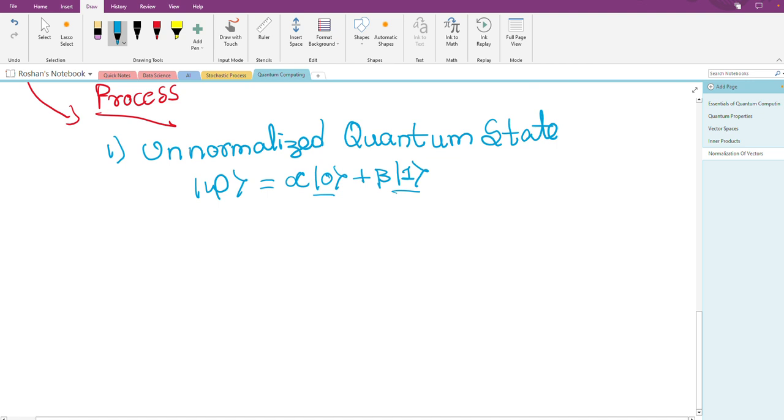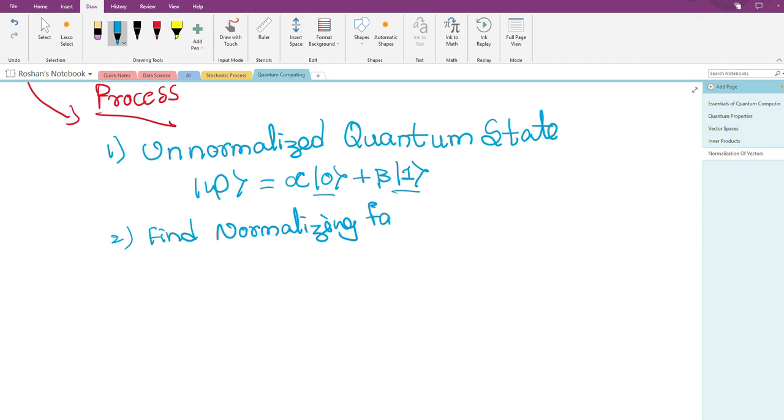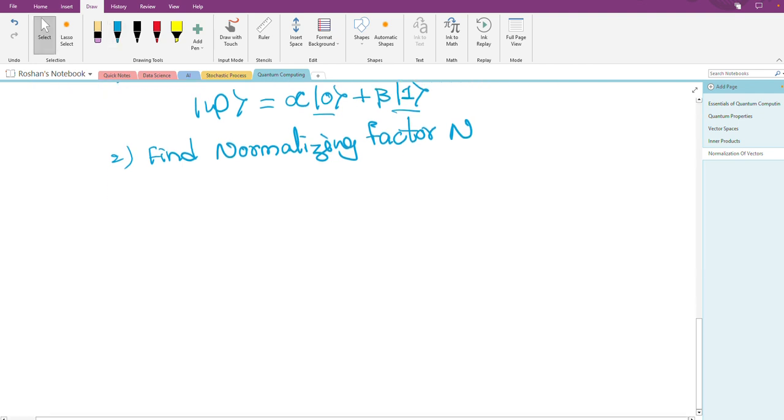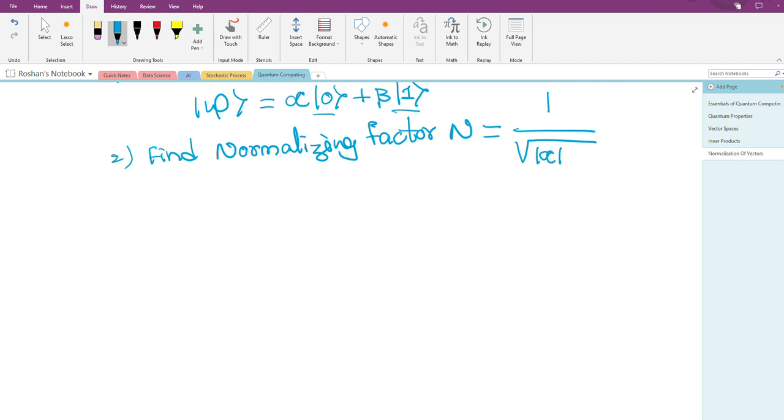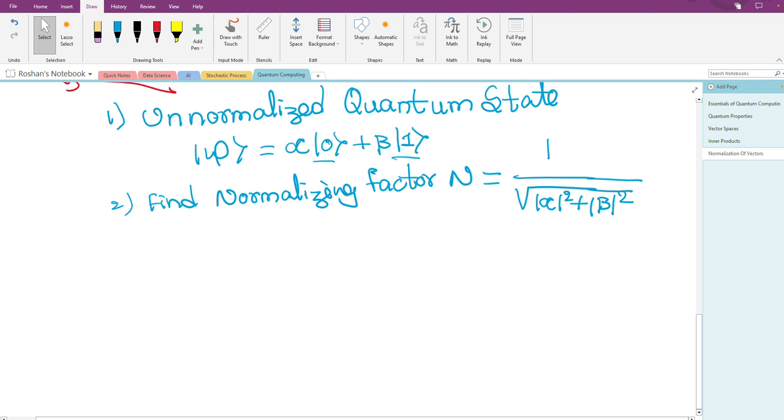I have explained over there. The second step is to find the normalizing factor n, which is equal to 1 by the square root of alpha square plus beta square. Remember this formula. It is very important to find the normalization factor value.